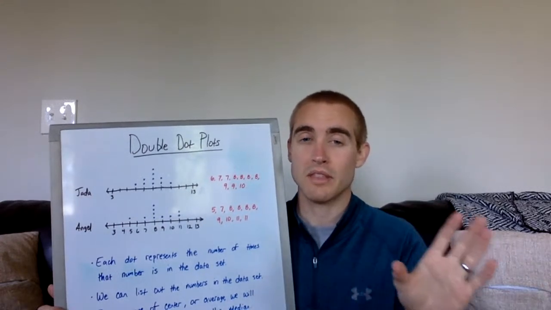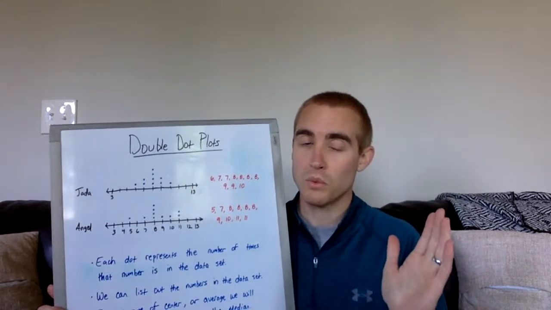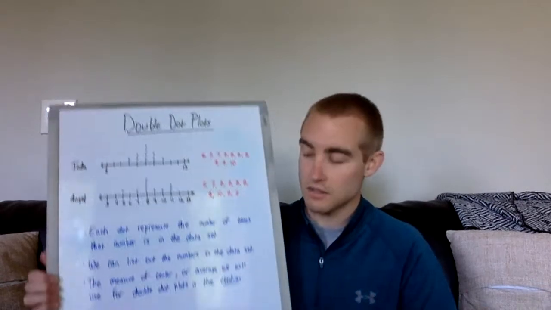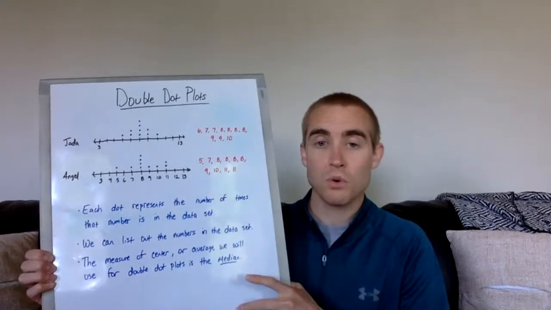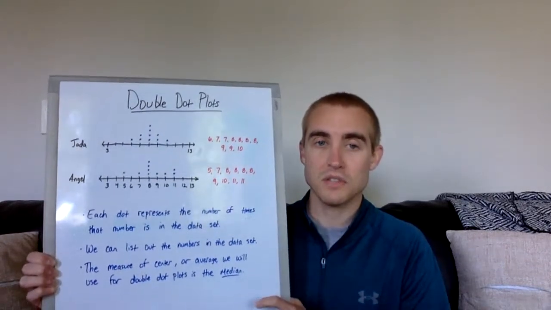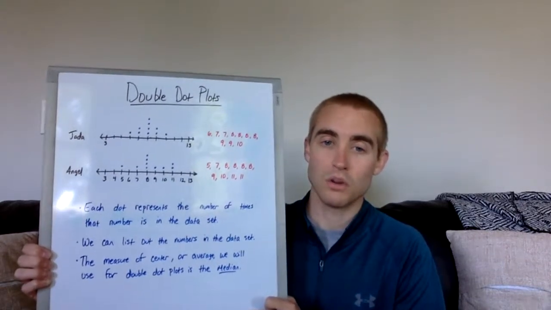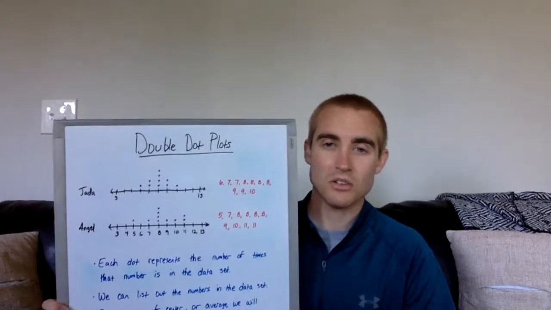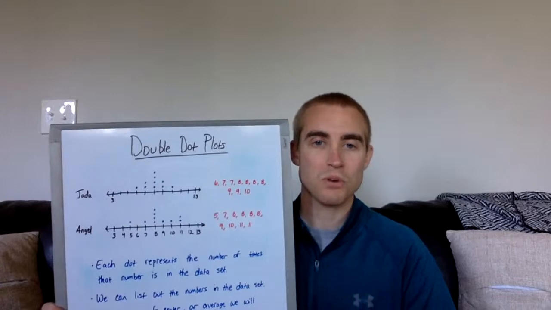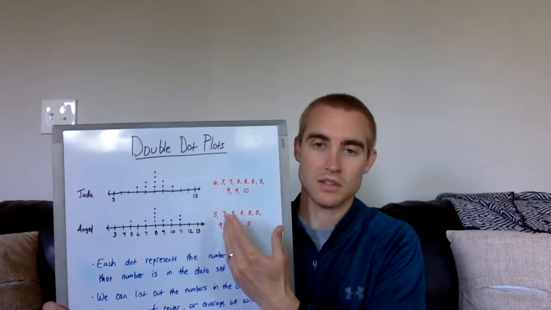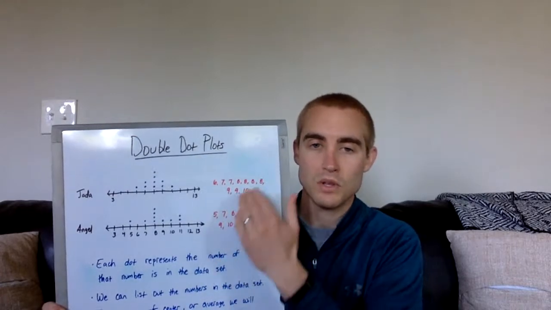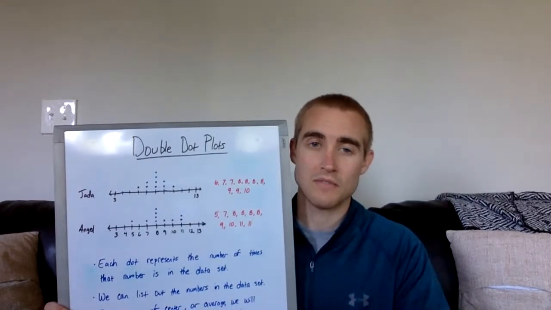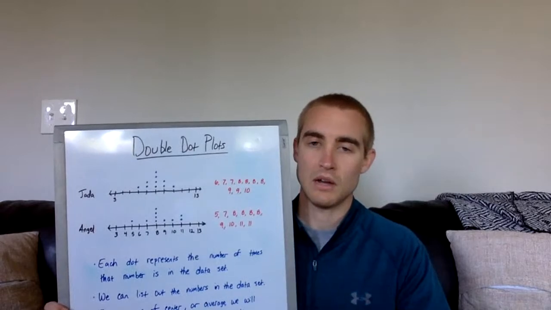Well, if you think back to last week, the one where we listed from least to greatest and chose the number in the middle, that is the median. So for double dot plots, the average that we're going to use is the median. The best thing to do with double dot plots is probably to list out that information like I did here. Then we can cross off and see which number or numbers are left in the middle. We find the median that way.